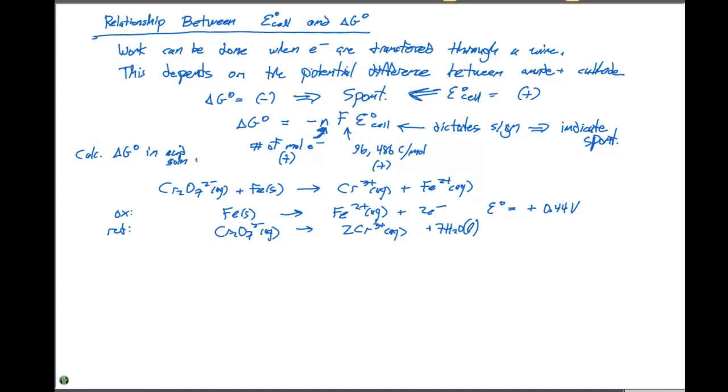And if we have 7 waters, we need to have 14 H plus as a reactant. Now we need to look at all the charges. On the left-hand side, we have a plus 12 charge. On the right-hand side, a plus 6. So that means we need 6 electrons as a reactant. The standard cell potential for this reaction is positive 1.33 volts.